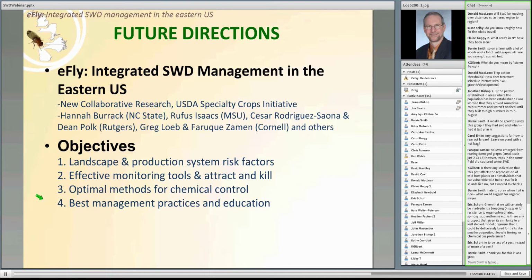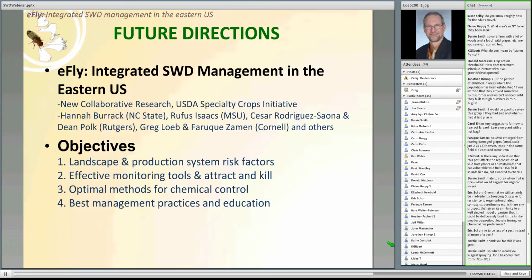One of the things we're very interested in are the landscape and production risks, which landscapes and systems are most at risk for spotted wing Drosophila, perhaps being able to develop risk management protocols. The monitoring, as I mentioned throughout this talk, is an important one, and Cesar Rodriguez-Saona at Rutgers is going to be working on that and doing a lot to help develop that, and we'll be working with him. We also will be working with chemical control and best pest management strategies.